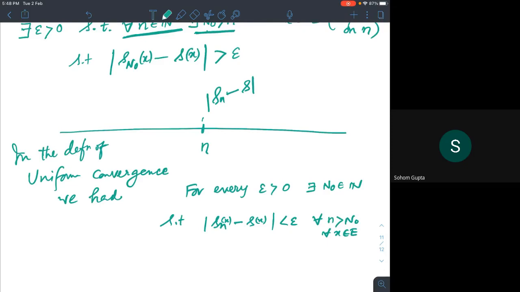Now see here. If you want to change to negation, this will become there exists. This will become for all.